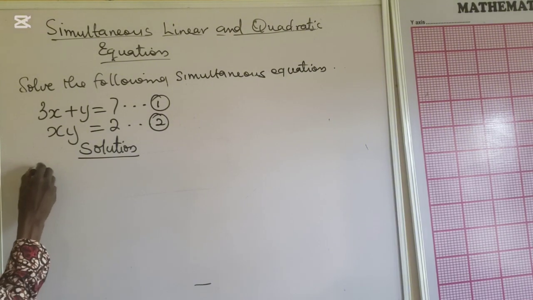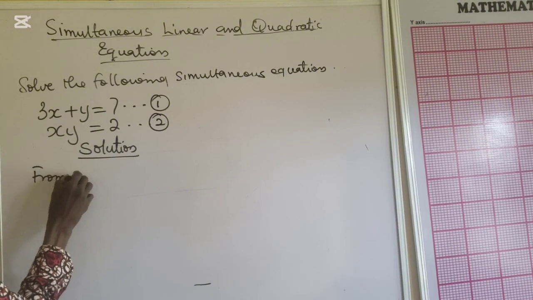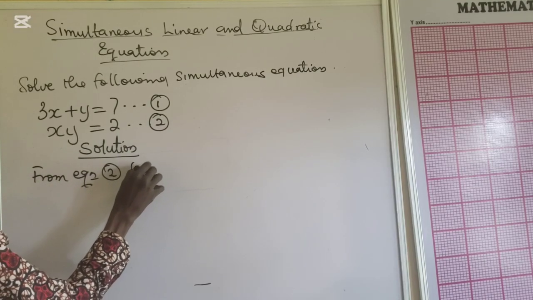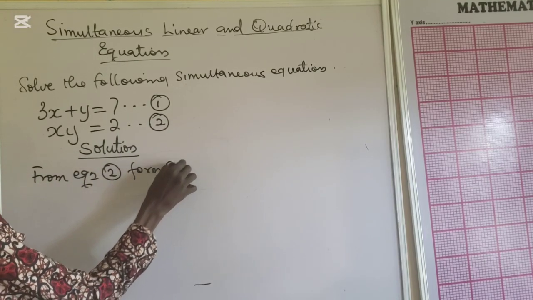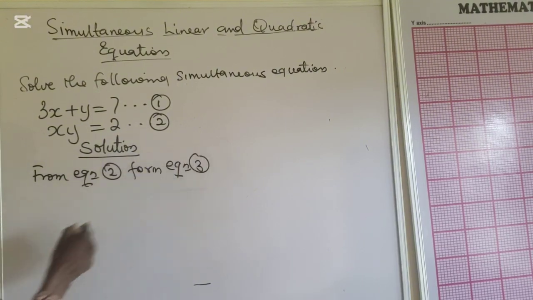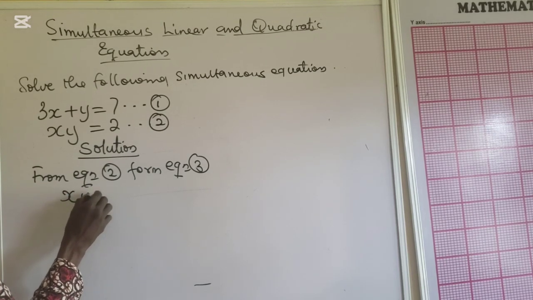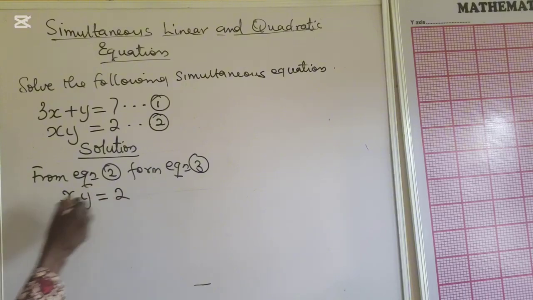From equation 2, let us form equation 3. Equation 2 says xy is equal to 2.